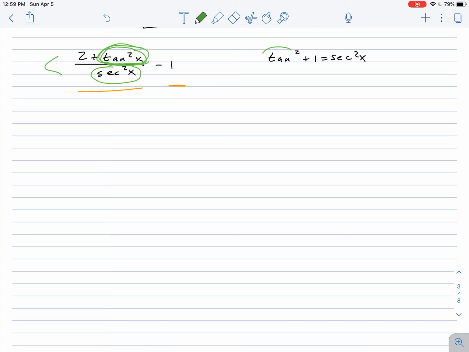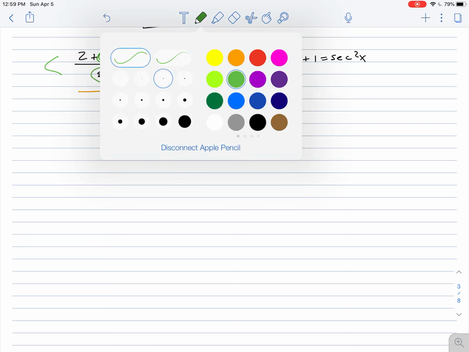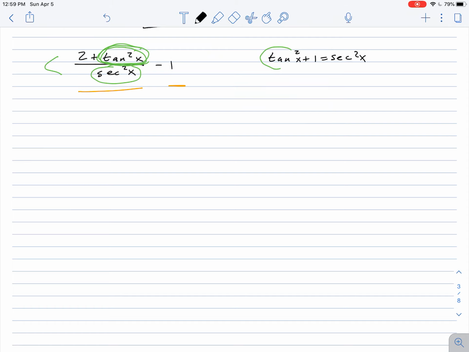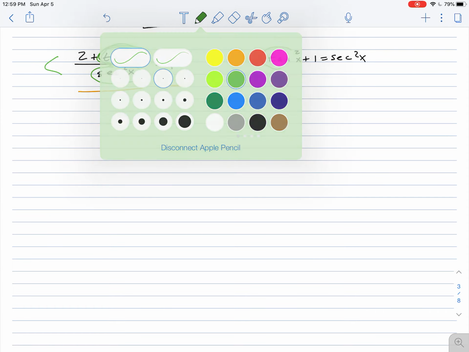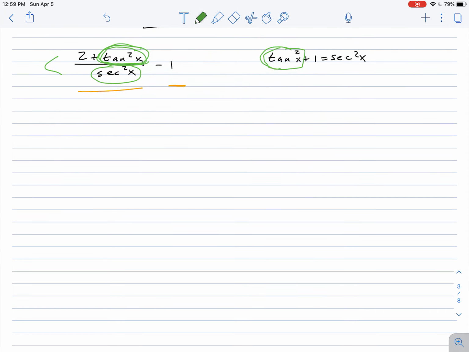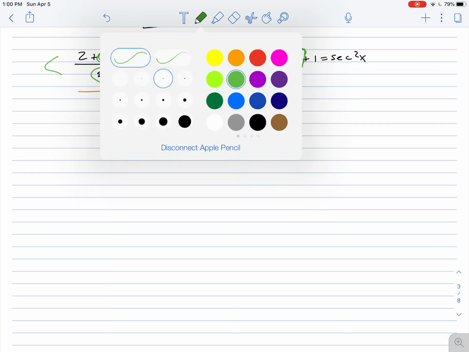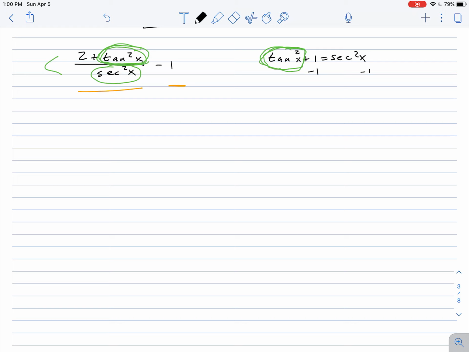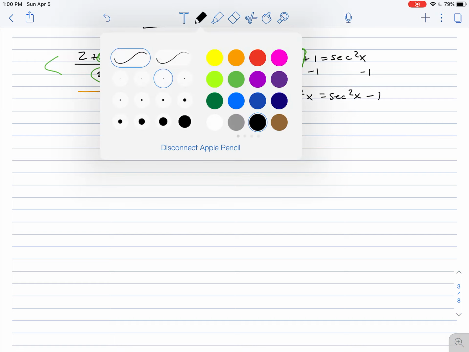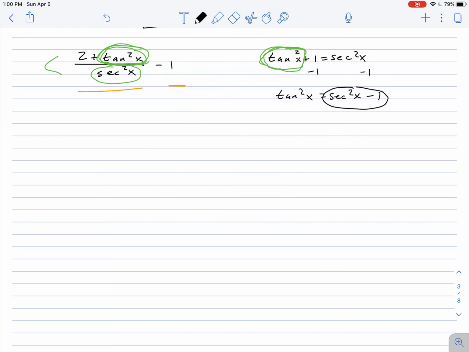So that means that I have to come over here. Whoops, there's supposed to be an x right there. Sorry, x. I'm going to come over here and I'm going to circle what I have in my equation. I just have this tangent squared x and I'm going to solve for it. So I'm going to subtract the 1 over. So that means that I can take the secant squared minus 1 and I can plug that in right here for my tangent squared x.